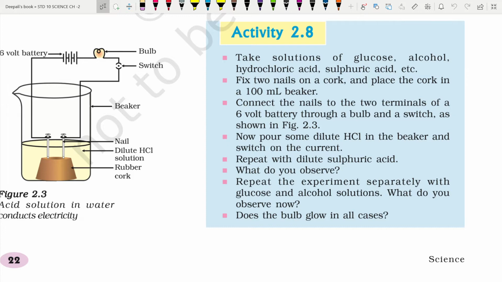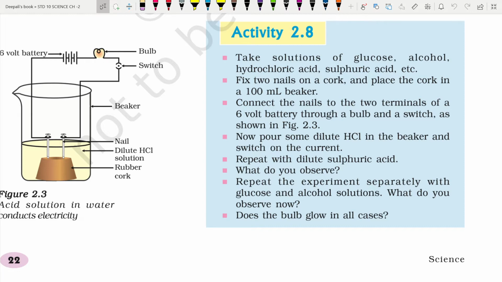In some cases, they may release OH- ions also. If they release OH- ions, then they are bases. So H+ ions in an aqueous solution are responsible for acidic character, and OH- ions in an aqueous solution are responsible for basic character.